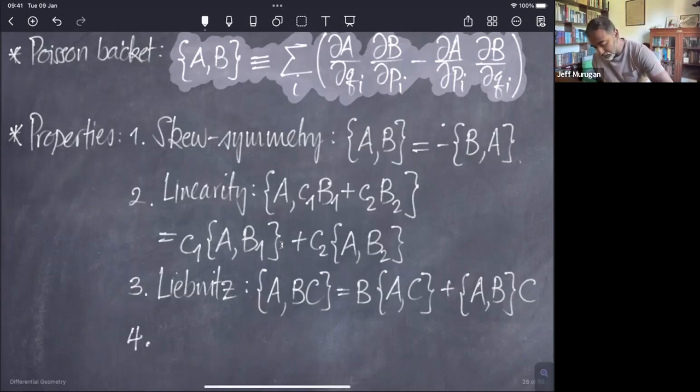The final property that we need to state right now is also not conceptually difficult to show, but it's a bit of a pain in the butt. And I'm going to leave all of these for you to show, because it's a character building exercise. You should all do it once.